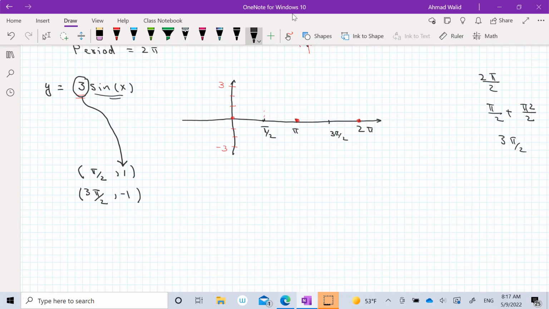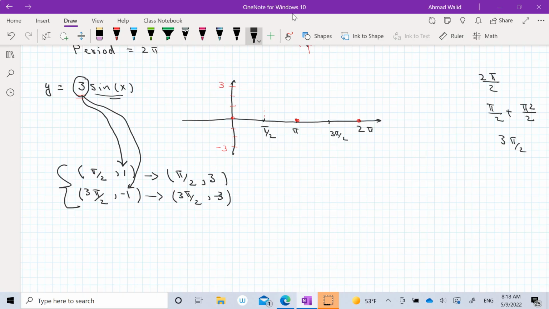Multiply only the output. It gives you your new key points: pi over 2, and 1 times 3 gives you 3, and -1 times 3 gives you -3. It means 3 pi over 2 and -3. Correct? This is how you find your key points.